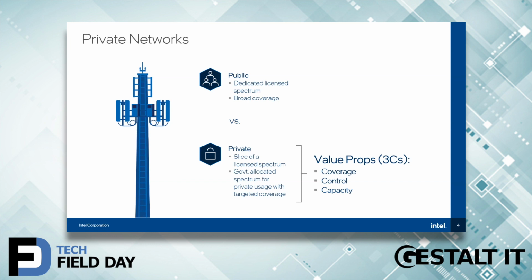One is a slice of the spectrum that these carriers own, or there is another way where government authorities are opening the spectrum for private usage. And this is adopted by more and more industry IoT verticals because of 3 reasons: coverage, capacity, and control of data and applications in the context of edge computing. We will talk about this in the following slide.